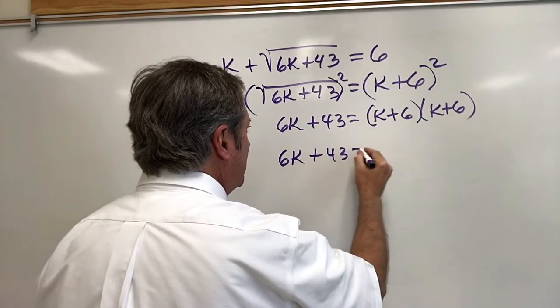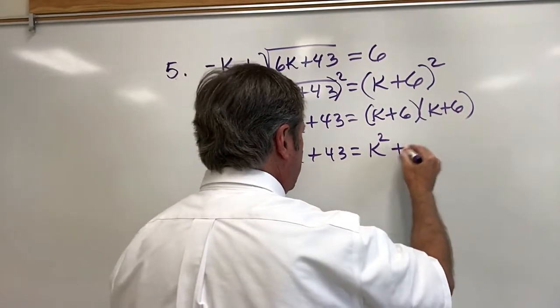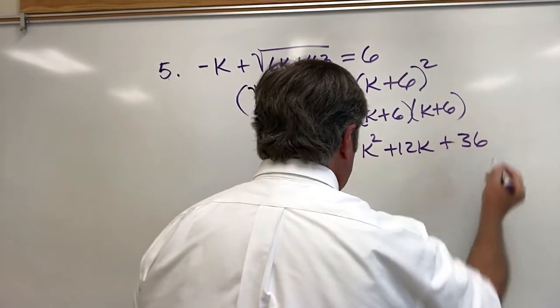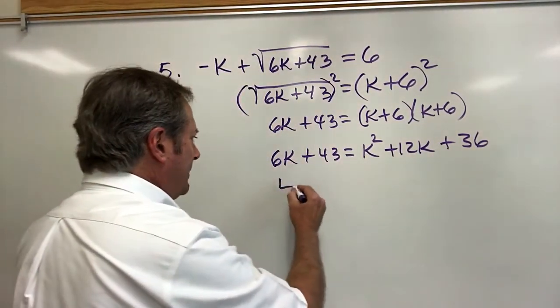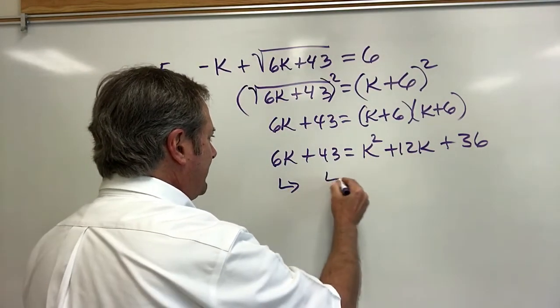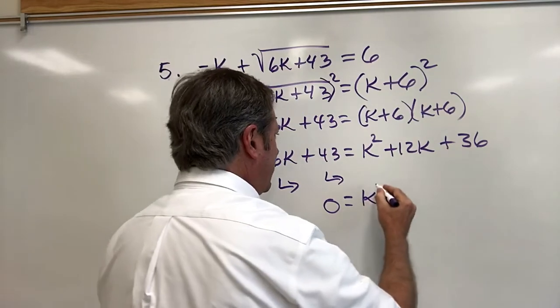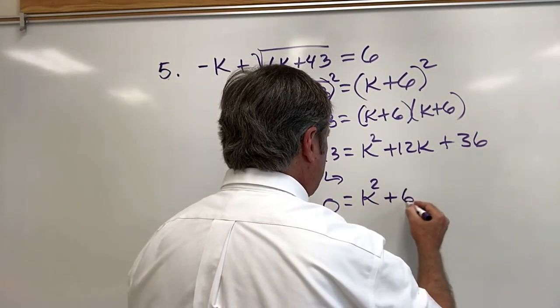So let's see what we got. We got 6k plus 43 is equal to k squared plus 6k plus 6k is 12k. 6 times 6 is 36. Okay, not bad. Now, from the left side, I'm going to subtract 6k from both sides, and I'm going to subtract 43 from both sides. So I got k squared plus 12 minus 6 is 6.